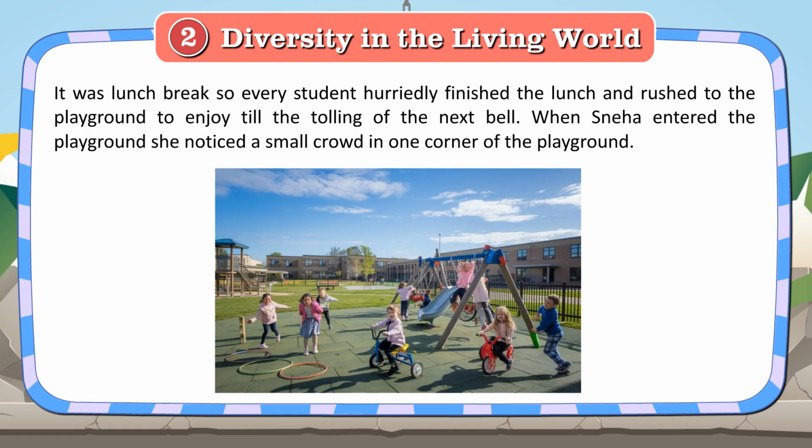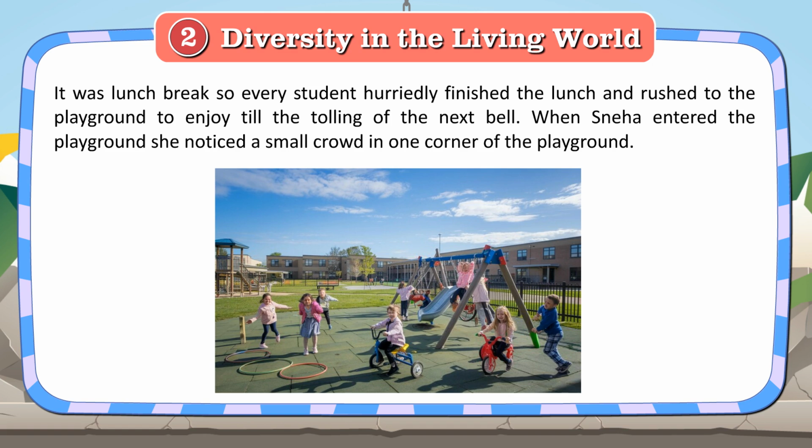It was lunch break, so every student hurriedly finished lunch and rushed to the playground to enjoy till the tolling of the next bell. When Sneha entered the playground, she noticed a small crowd in one corner.